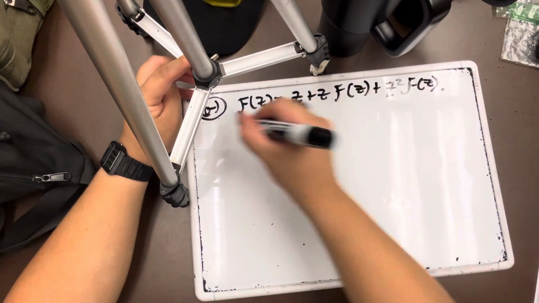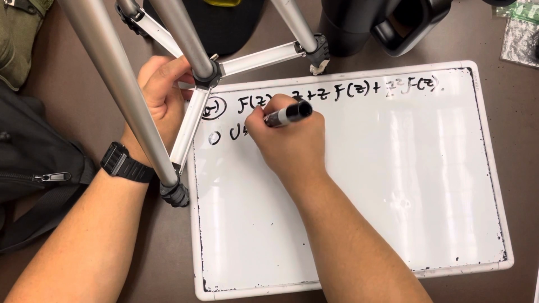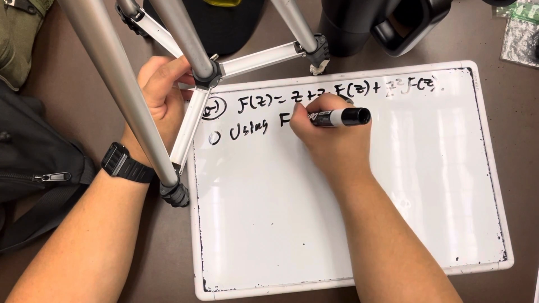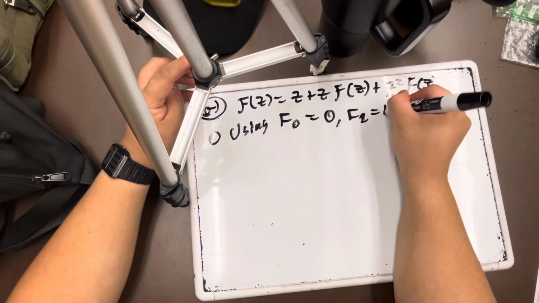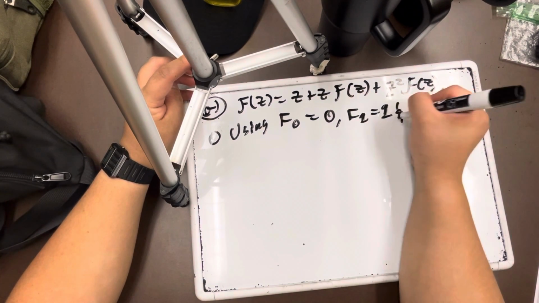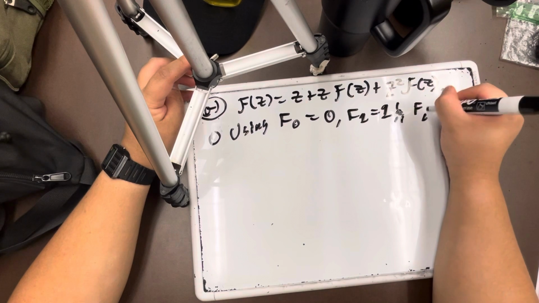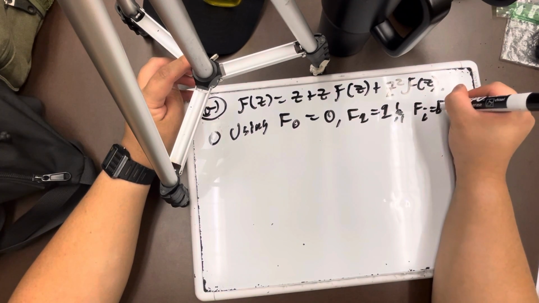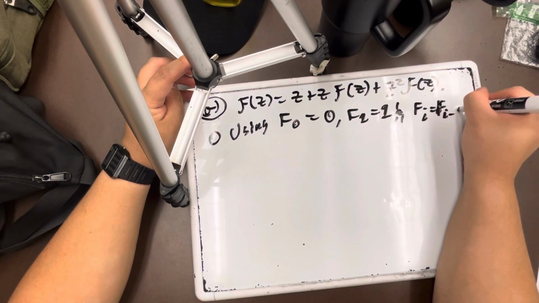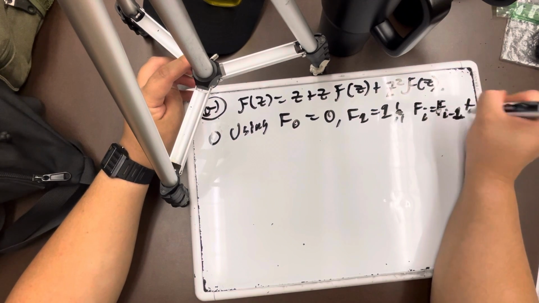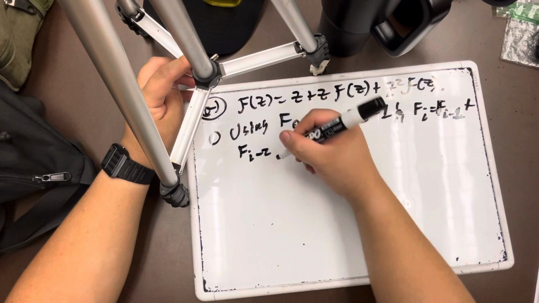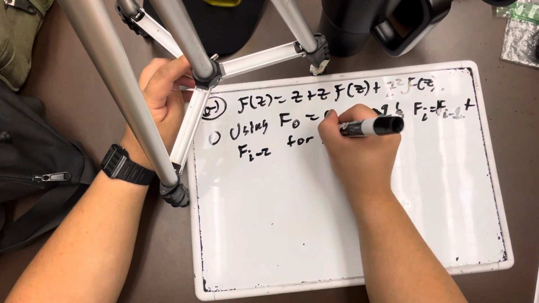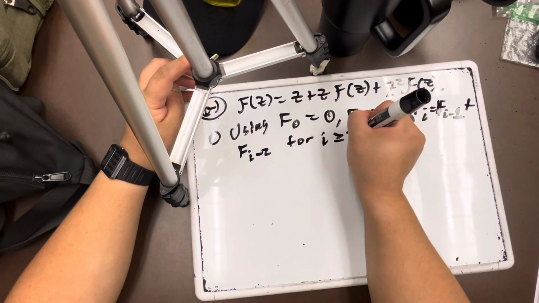That's what we're wanting to look at. Now, using f sub 0 is equal to 0, f sub 1 is equal to 1, and f sub i is equal to f sub i minus 1 plus f sub i minus 2 for i greater than or equal to 2.